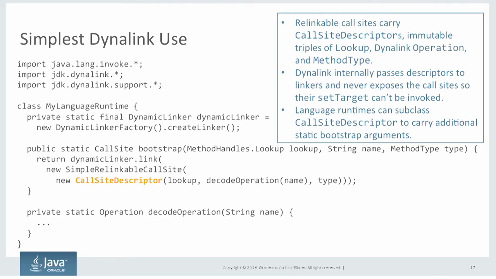The actual Java lang invoke call site objects are all encapsulated inside those Dynalink specific objects and cannot be tampered with in any way. And the descriptor can be extended if the language implementation sees fit. If additional arguments are needed, then new descriptor implementations can be used.